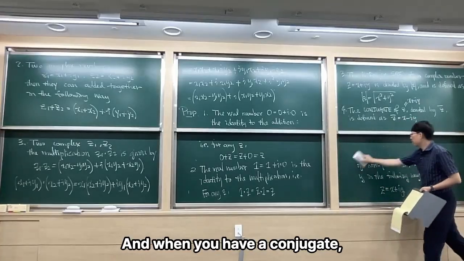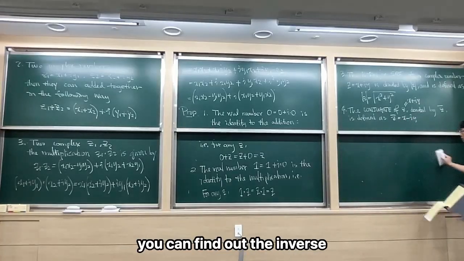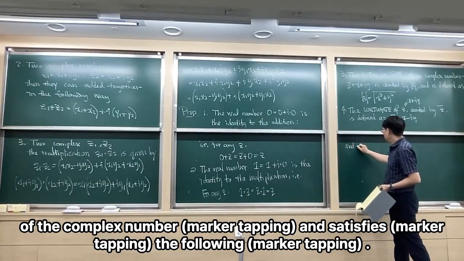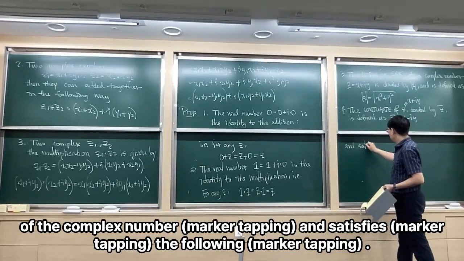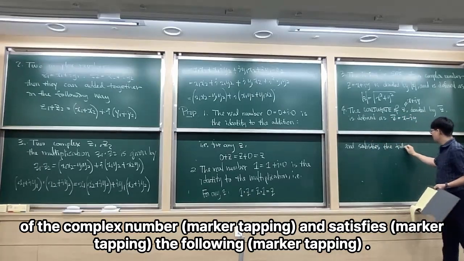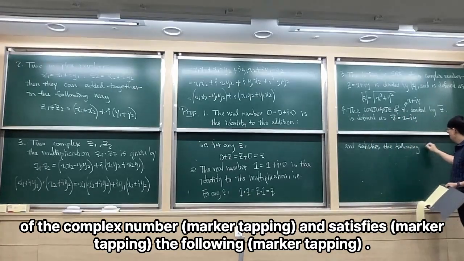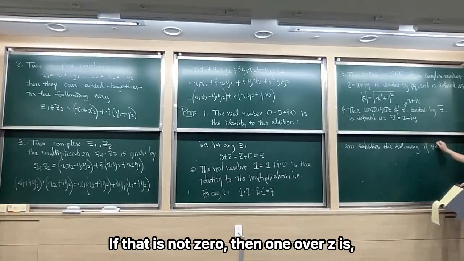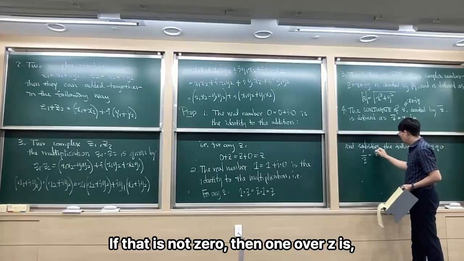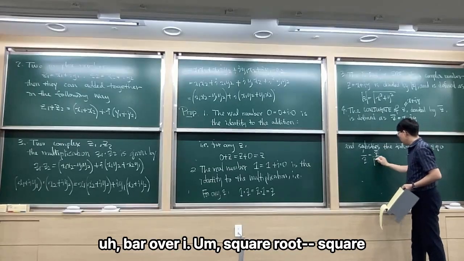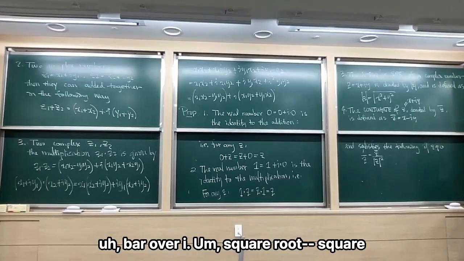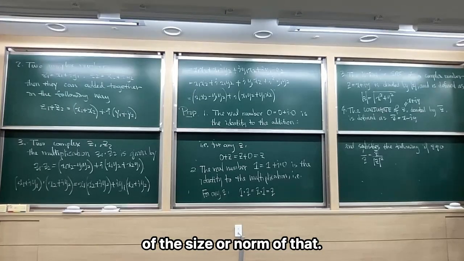And when you have a conjugate, you can find the inverse of the complex number, which satisfies the following. If z is not 0, then 1 over z is z bar over the square of the size, or norm, of z.